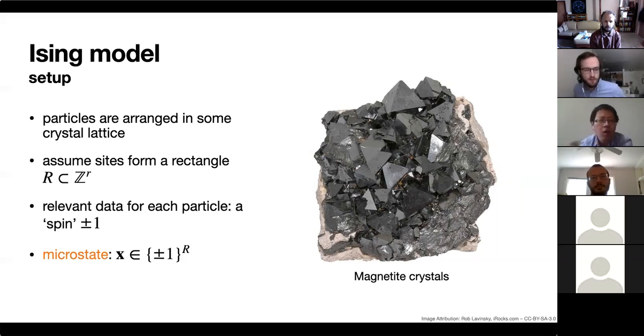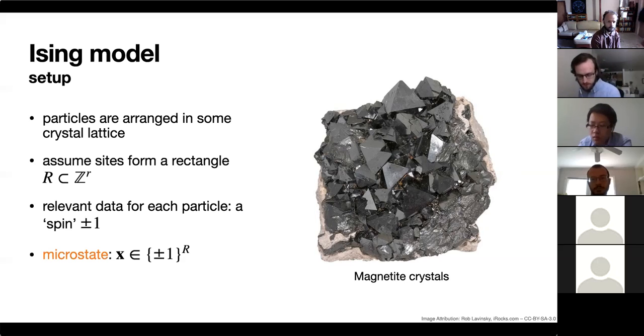Each particle, the relevant data as far as we're concerned for this model, is just a spin, which can be either +1 or -1. You think of that as a little magnetic moment just for that individual particle. So the microstate of the system, which describes the state exactly at a microscopic level, is then given by an element of {+1, -1}^Λ.